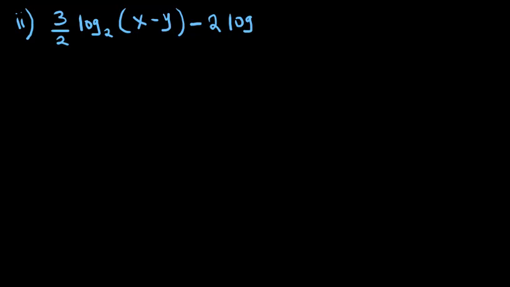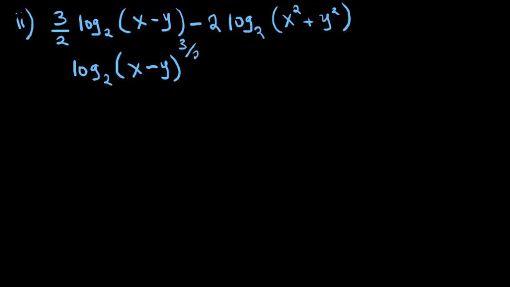For this one we know that this will become log 2 of (x minus y) raised to the power 3 over 2, then minus log 2 of (x squared plus y squared) raised to the power 2.